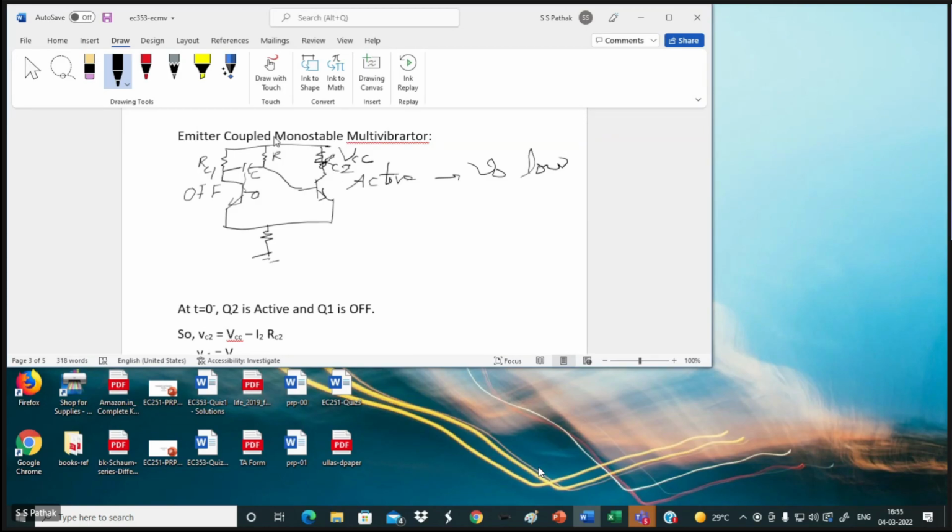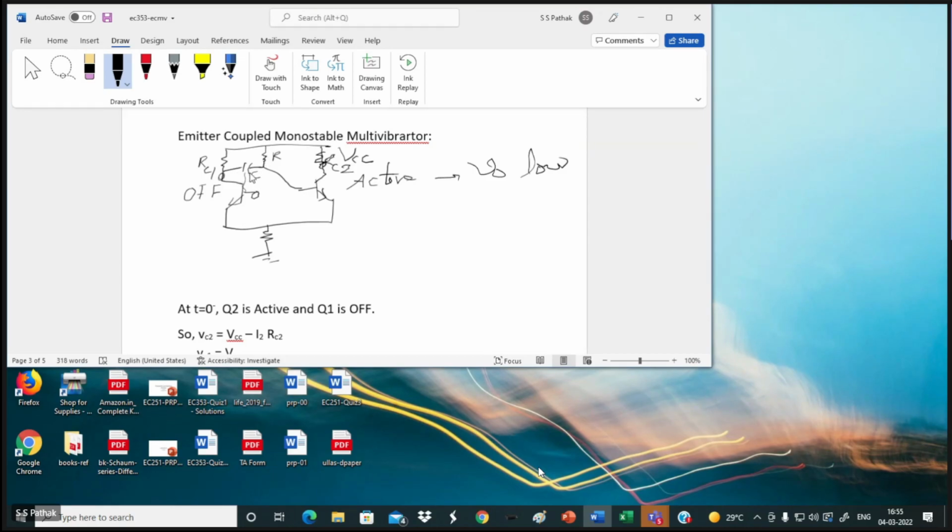Then capacitor starts charging from VCC voltage through R and this C and the Thevenin's equivalent here. Thevenin's equivalent is nothing but this RC1. So R plus RC1 into this C becomes the time constant tau and capacitor charges like that.